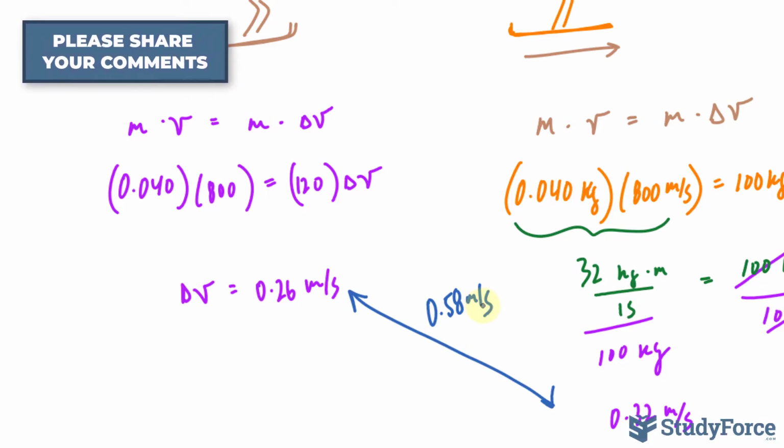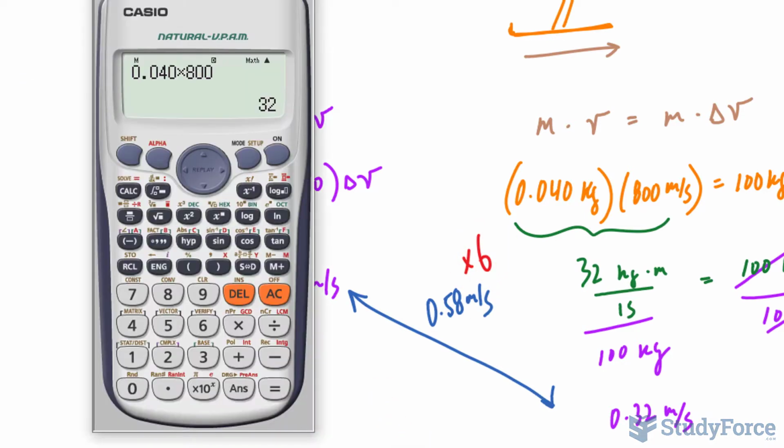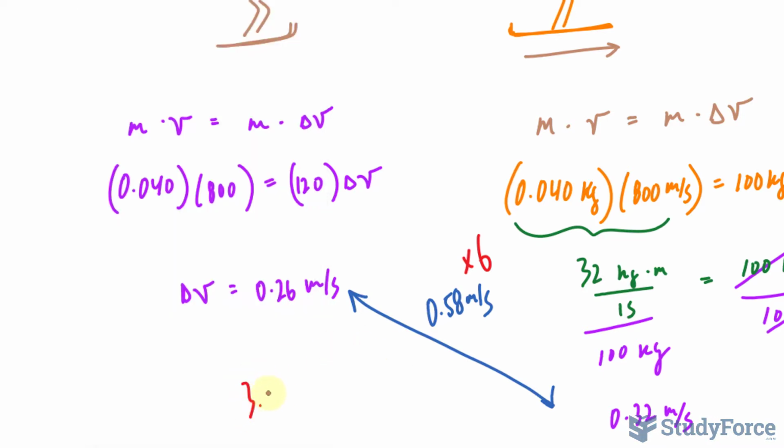That's one shot. If we want 6 shots, we multiply this number by 6. So 0.58 times 6 makes 3.5, around there, meters per second. That's the speed difference between these two.